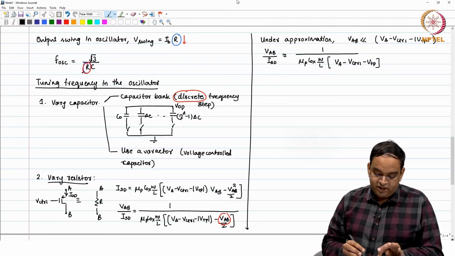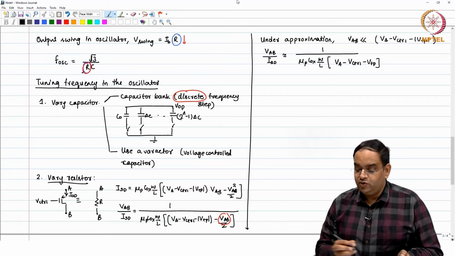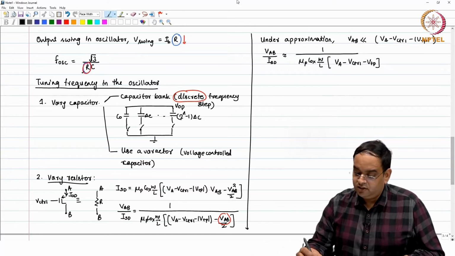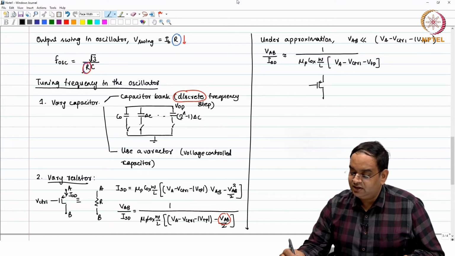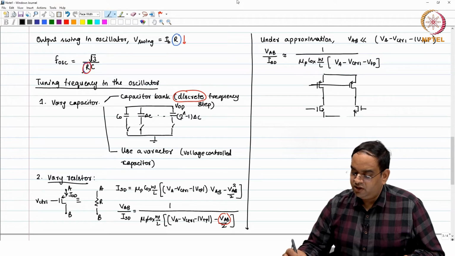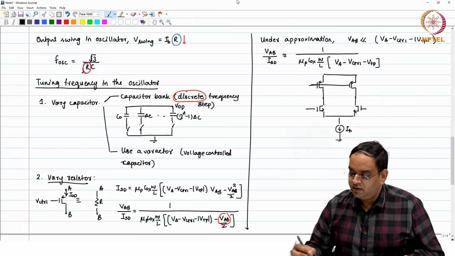And when this particular MOSFET is used in our current cell, and where was our current cell? Our current cell was, I am replacing the resistor with PMOS controlled by V control, with NMOS input pair with a fixed bias current IB.